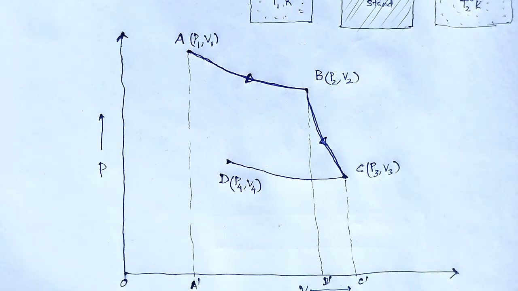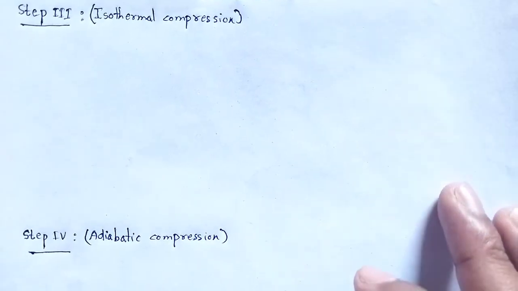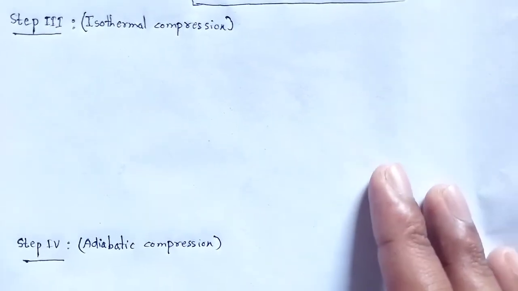Let Q2 amount of heat be rejected by the gas to the sink, and for what purpose is this heat used?